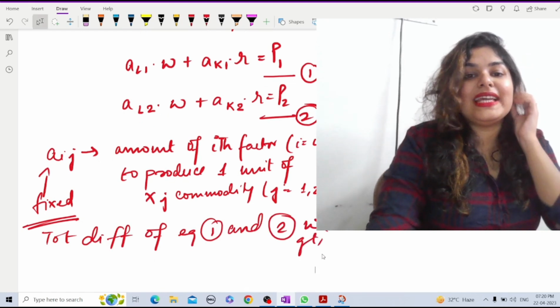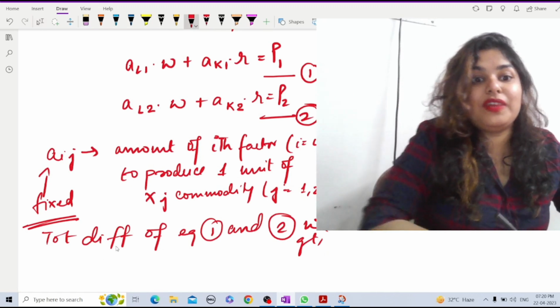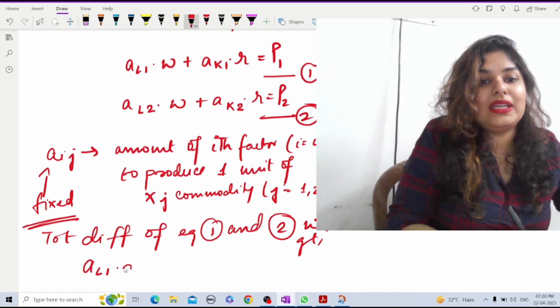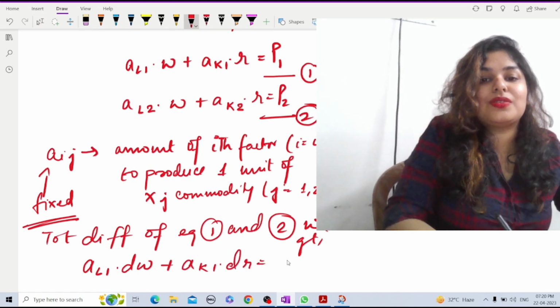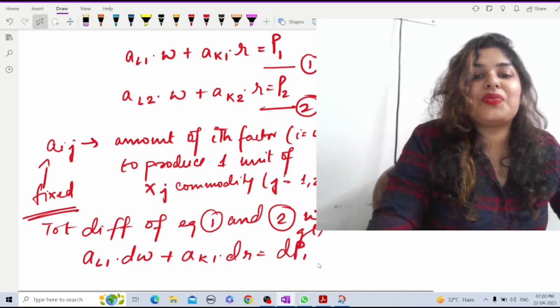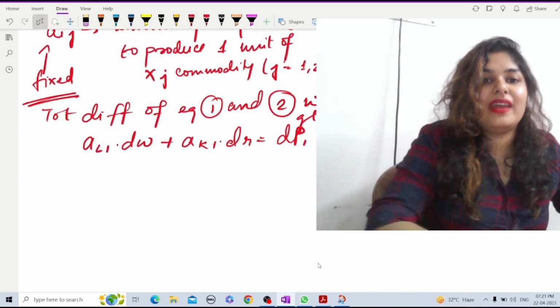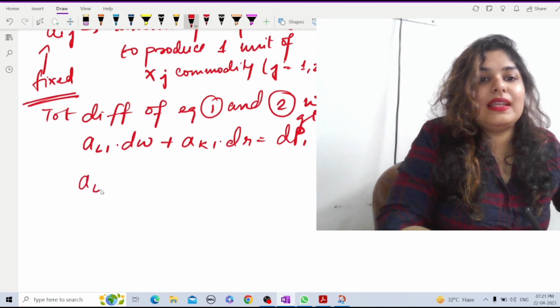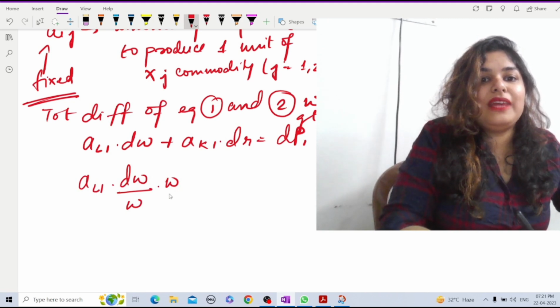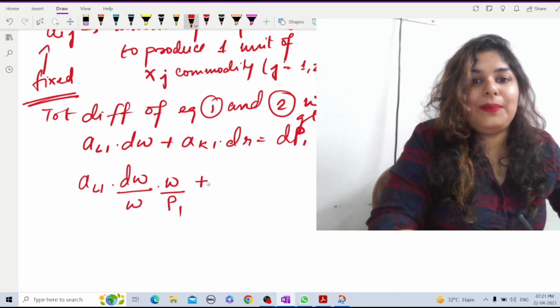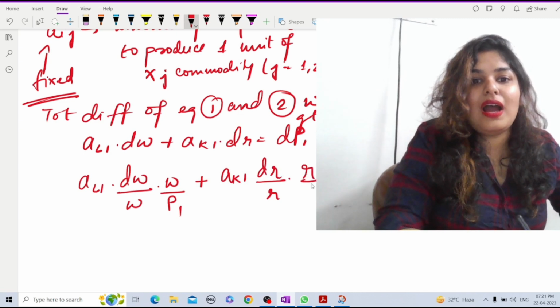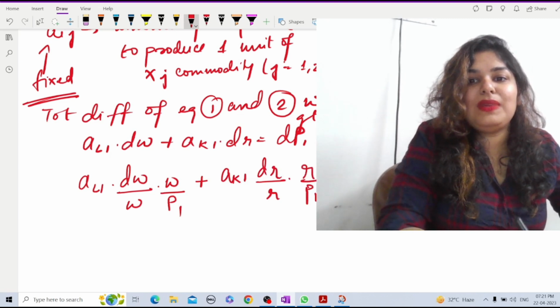If we take the total differentiation of equation 1, what do we have? This is fixed, so AL1 into dW plus AK1 into dR is equal to dP1. Now let's try to modify and simplify this. What are we going to do? Next step is, let us divide by W, multiply by W, and divide again by P1, plus again AK1 divided by R into R by P1 is equal to dP1 by P1.